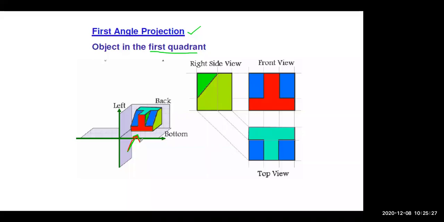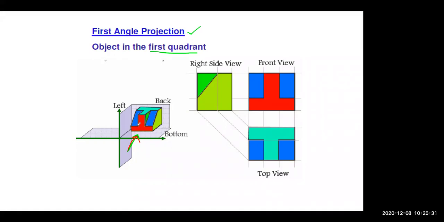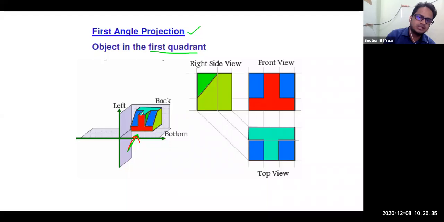Red and blue. Yes, red and blue. So here you can see this inverted T. You will be able to see this red face, as well as this blue face also. But there is one difference between those two faces. Can you tell me what that difference is?